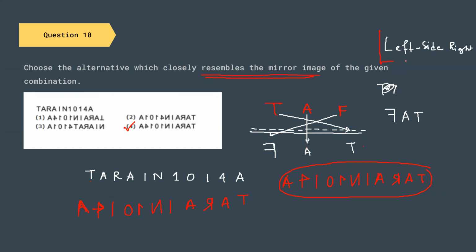And all the letters will change left side right. For water image, each of the letters is changed upside down. So if we have F, in water image, F will become like this, and in mirror image, F will become like this. Remember this diagram. This is for water image, and this is for mirror image.